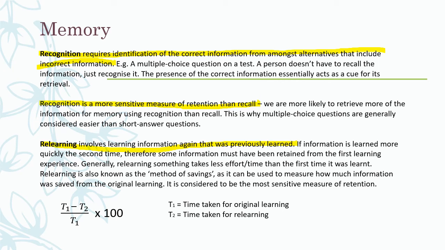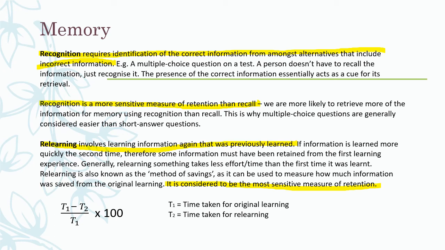Relearning is also known as the method of savings, as it can be used to measure how much information was saved from the original learning. It is considered to be the most sensitive measure of retention. And you'll notice as we go through this slide that I've actually gone through this one a couple of times.